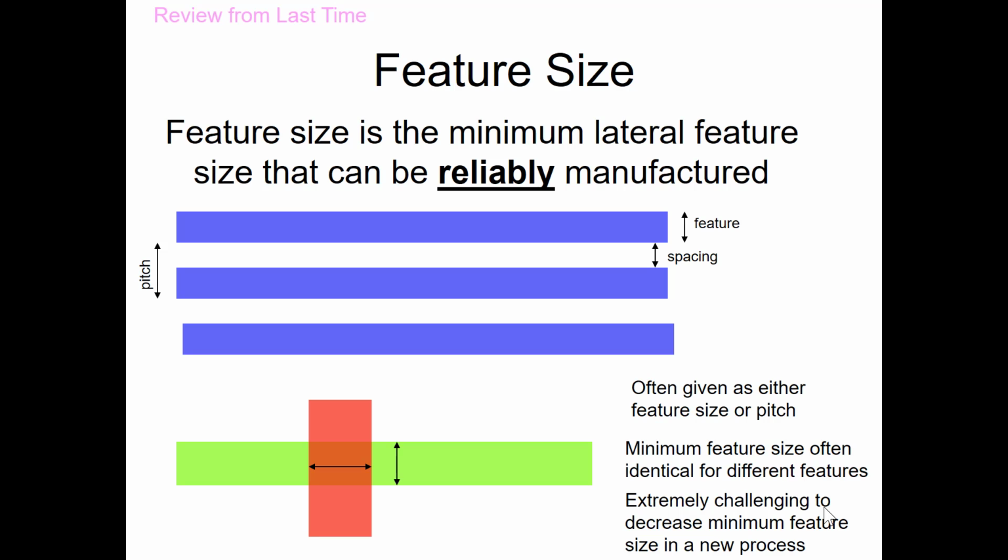So if you have a circuit that has 50 billion transistors on it, how many of those transistors do we want to have good? How many of them do we want to be good? All of them, all 50 billion transistors.